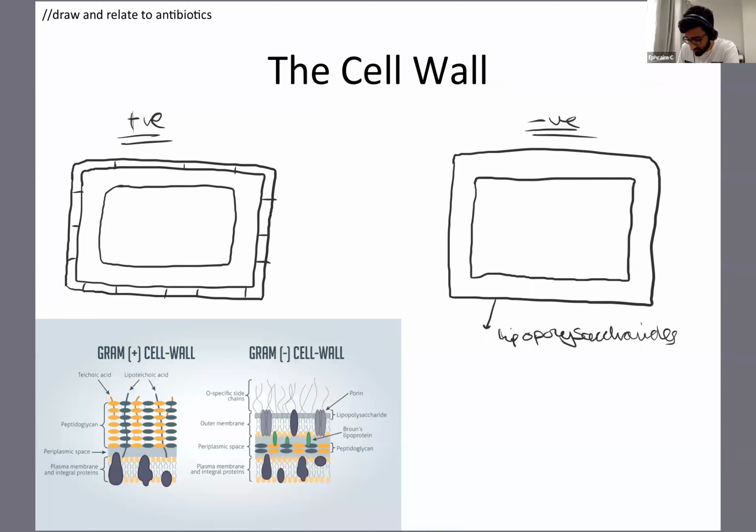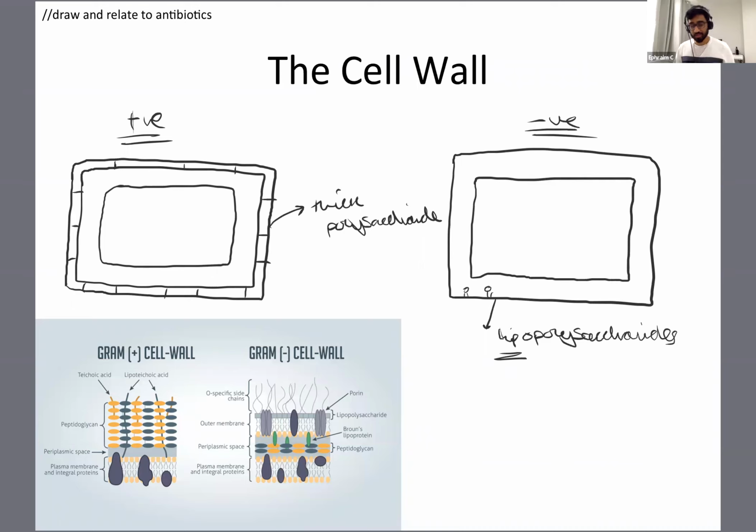So the outer component of the gram-positive is a really thick layer of polysaccharide, and if you're gram-negative, you have a thin lipopolysaccharide and a thin cell membrane directly attached to it. But remember, it's made of lipids, which is going to be really important.